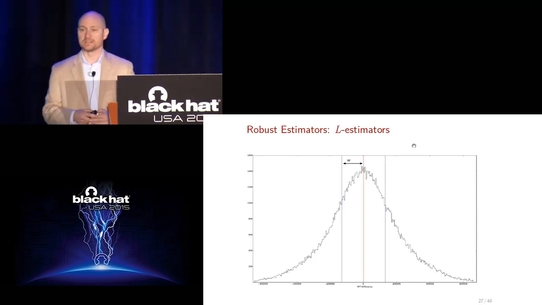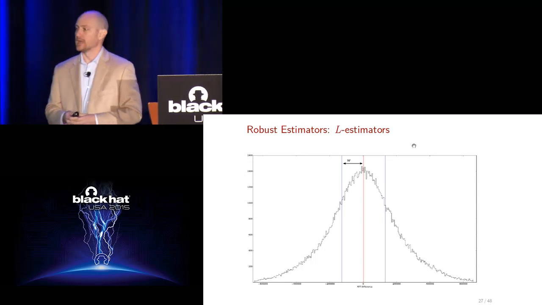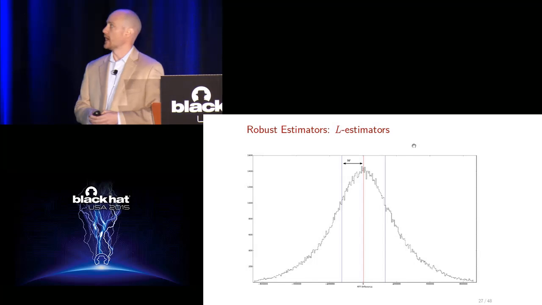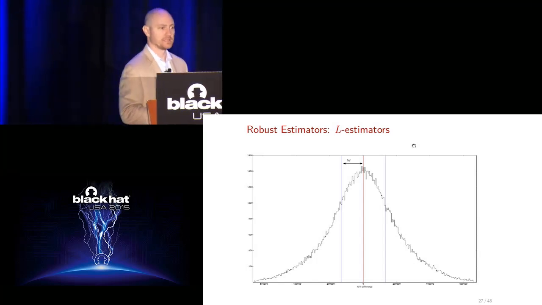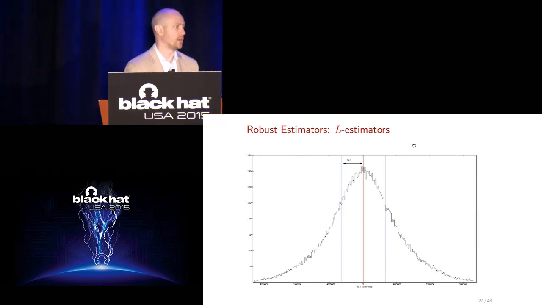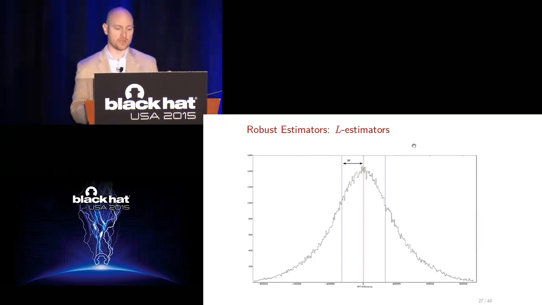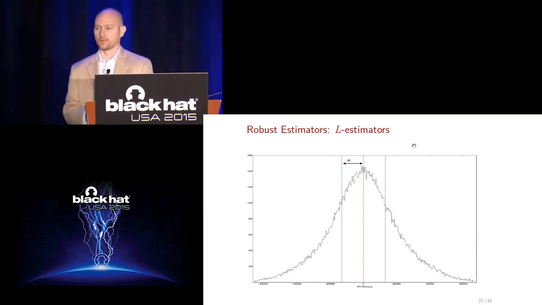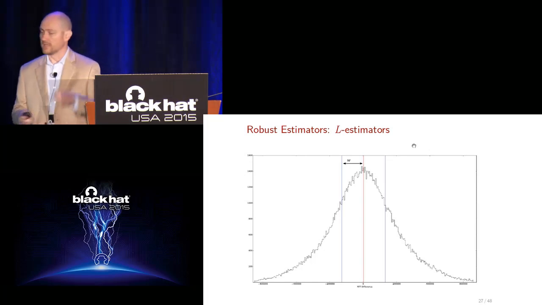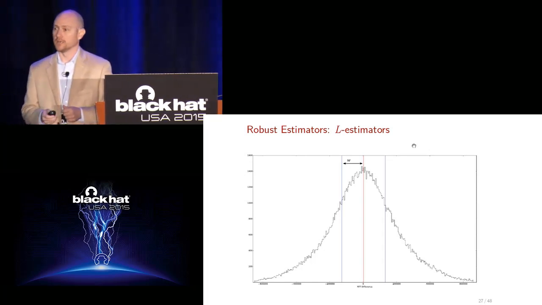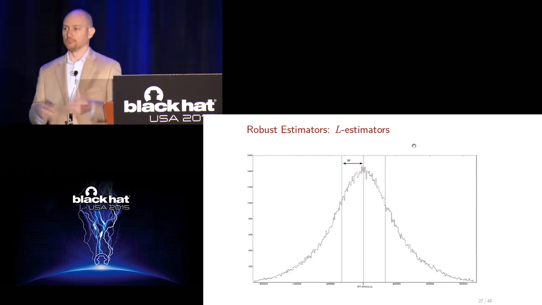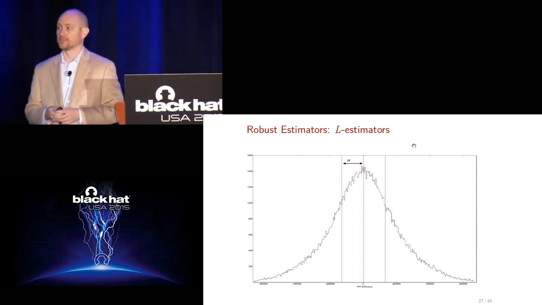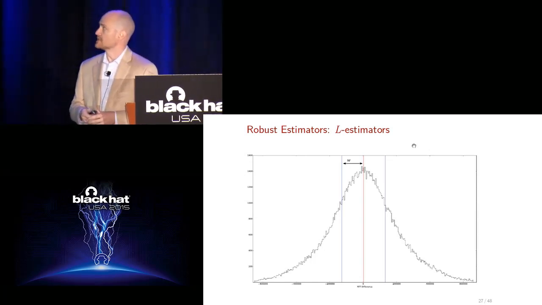The first is that they're extremely easy to understand, and second, they're very easy and quick to compute. Simply, an L estimator is an estimator built off of the quantiles. Here, I think these are the 25% quantiles above and below the median. You take the values from those quantiles and then you average them. And that is your measure of central tendency. This can be extended.